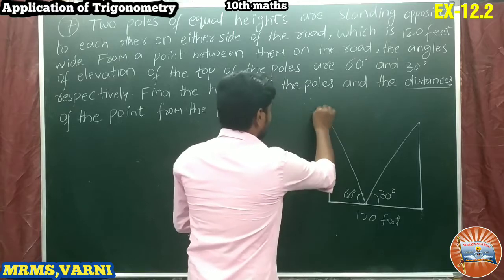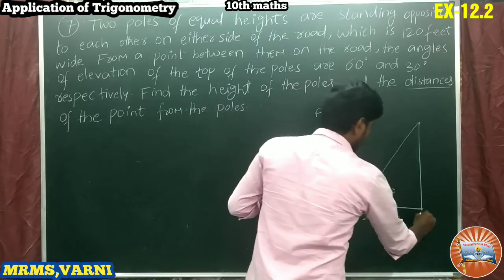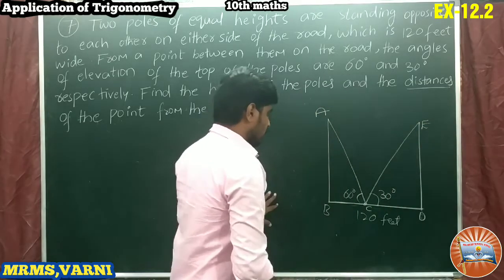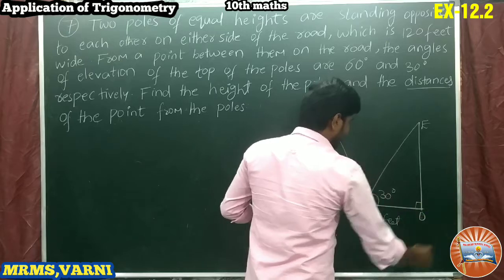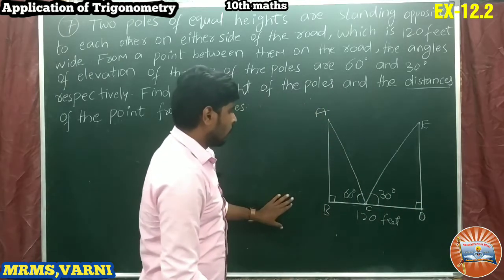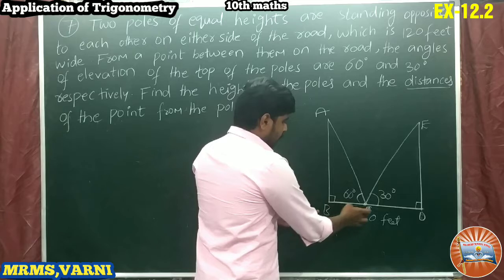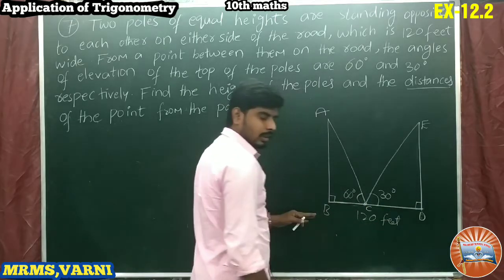Let us consider this as A, B, C, D, E. Here this is 90 degrees, and this is also 90 degrees. Now we have to find the distance BC as well as the length CD.